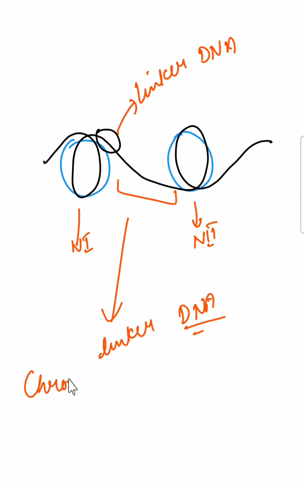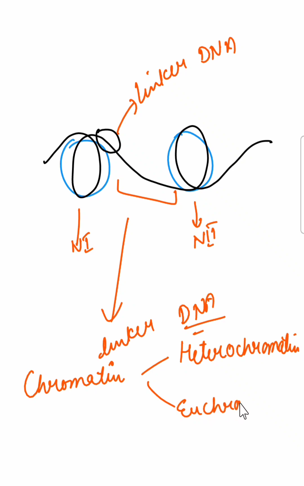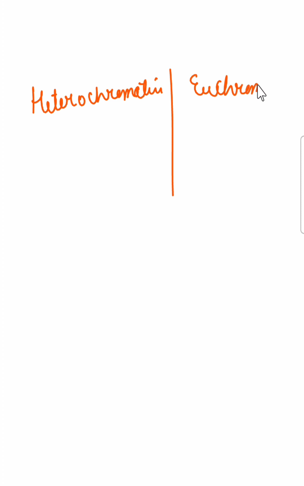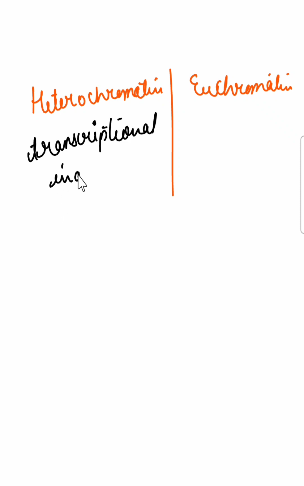Now the chromatin is of two types, heterochromatin and euchromatin. See, what is the difference between hetero and euchromatin? Heterochromatin is transcriptionally inactive, whereas euchromatin is transcriptionally active.